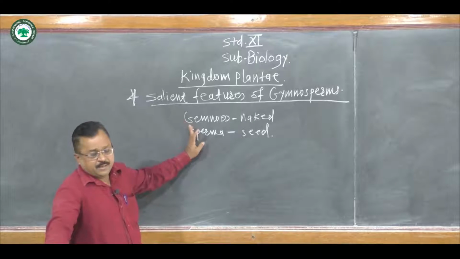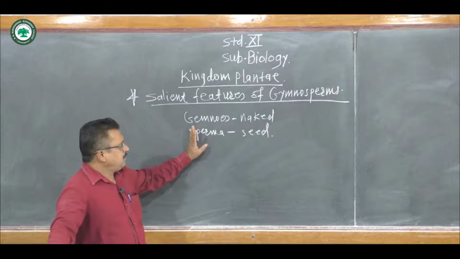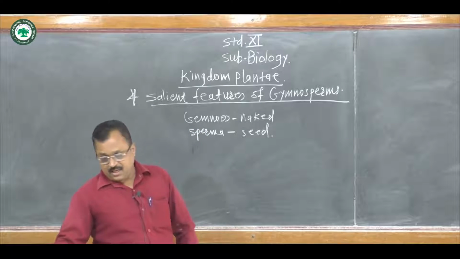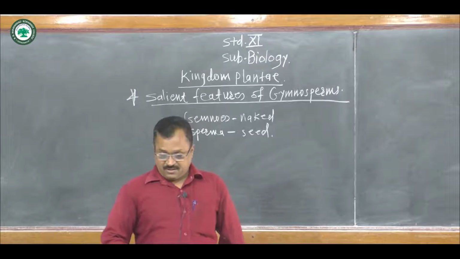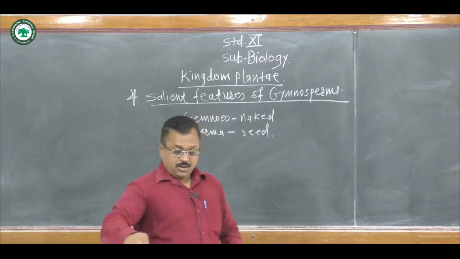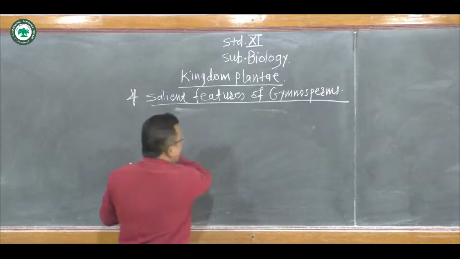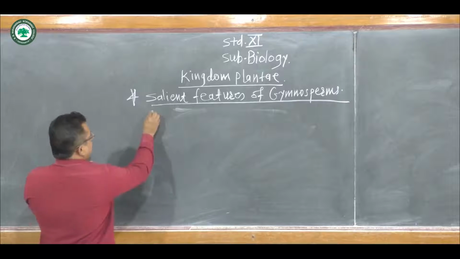In our country, 16 genera and 53 species are found. The salient features of the gymnosperms: most of the plants are evergreen.